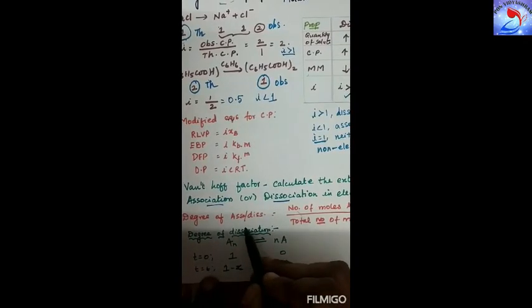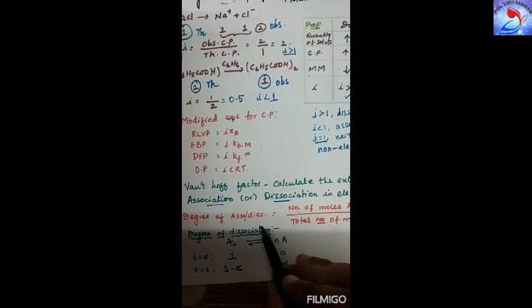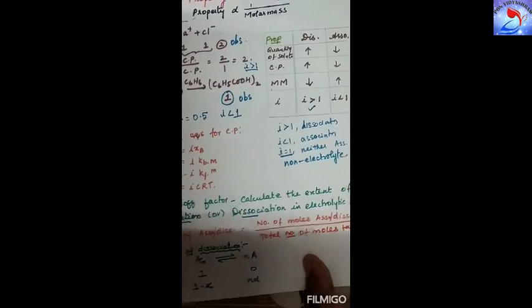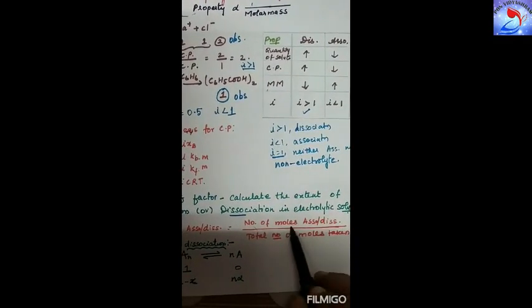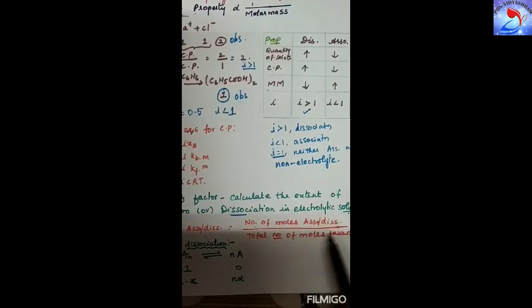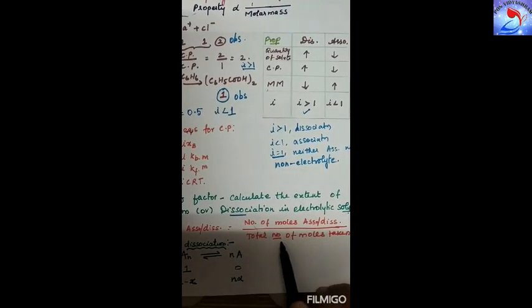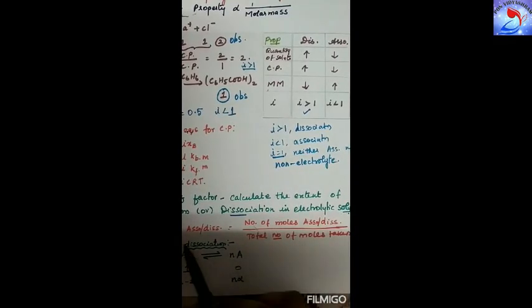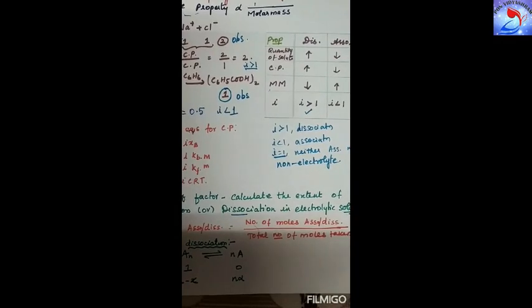Degree of association or dissociation can be calculated from this expression: number of moles undergoing association or dissociation divided by total number of moles taken. This formula is very important for further calculations.